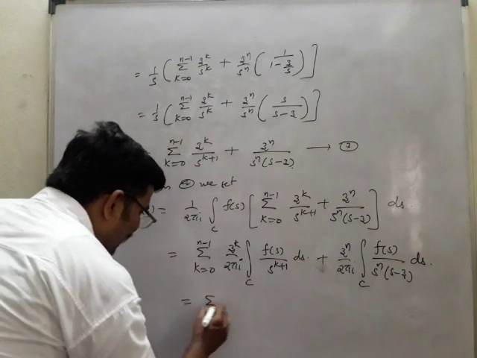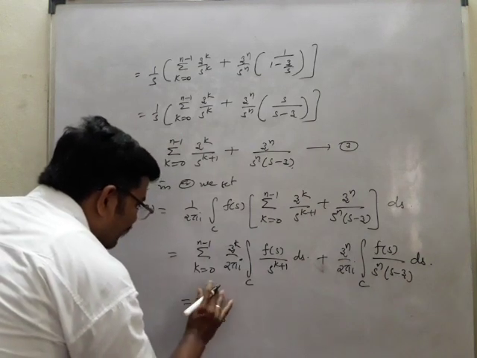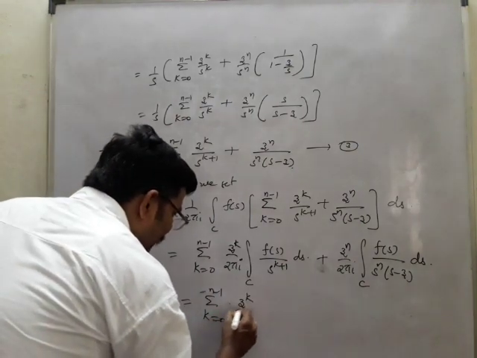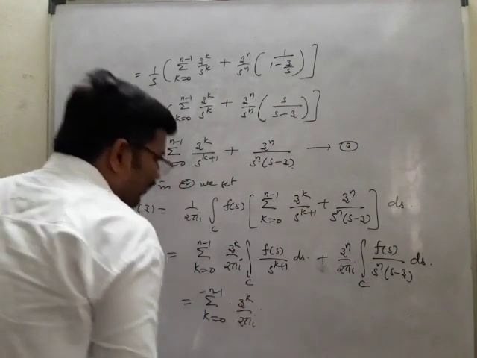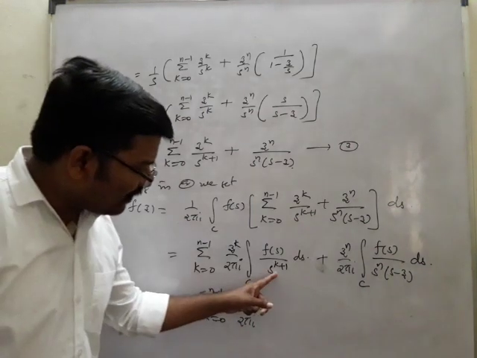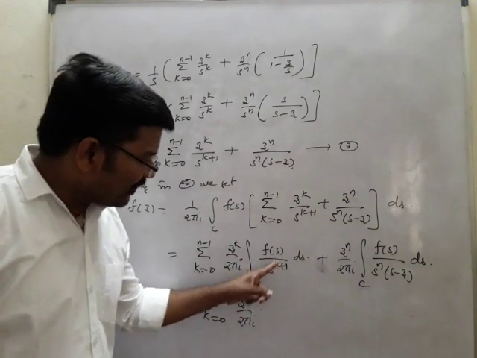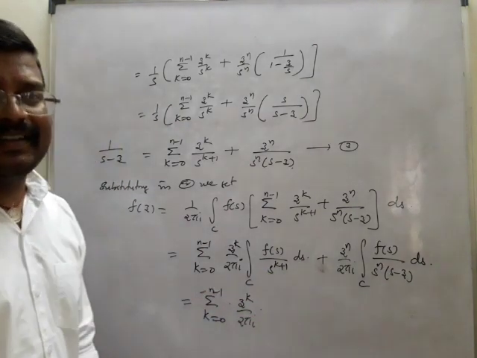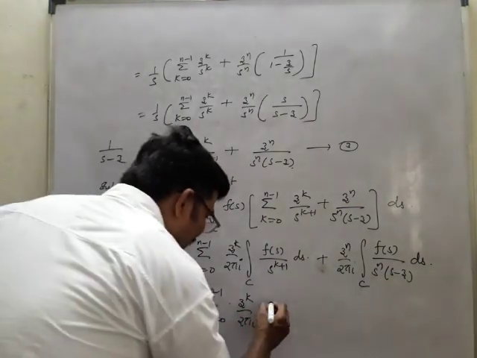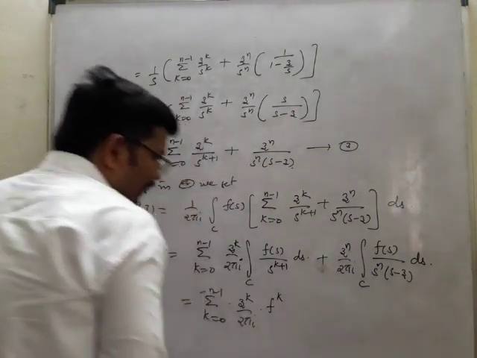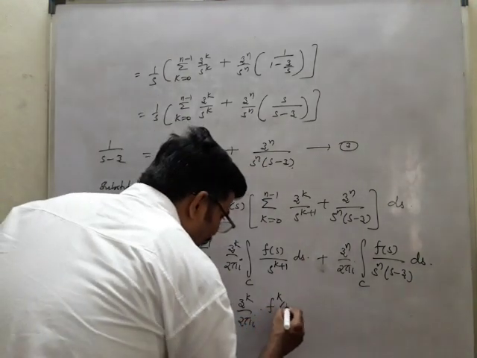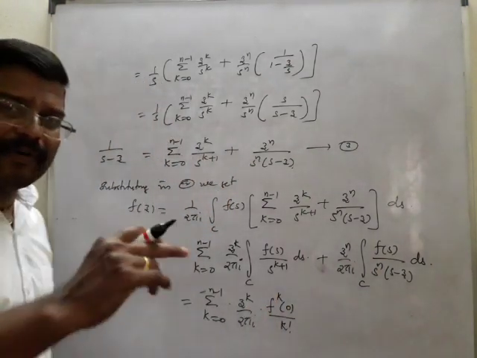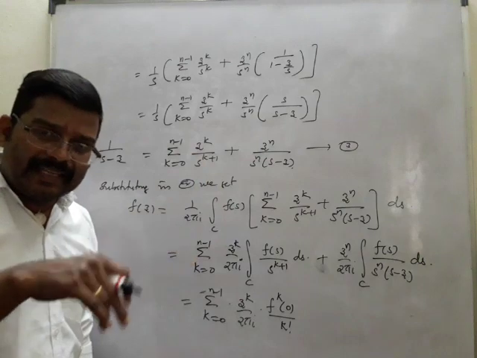This is summation k equals 0 to n minus 1 of z power k by 2 pi i into the integral of f of s by s minus 0 whole power k plus 1, ds, by Cauchy's higher order derivative. What Cauchy's higher order formula says: f power k of 0 by k factorial, similar to f power n of z naught by n factorial.